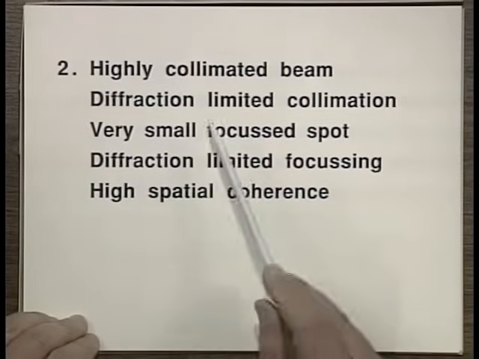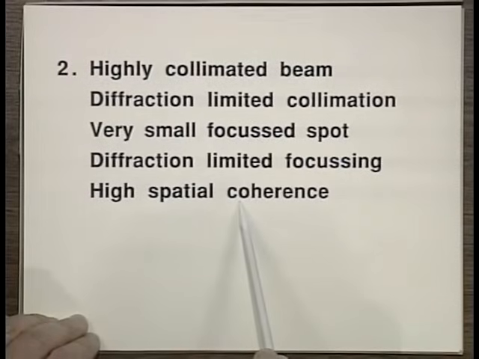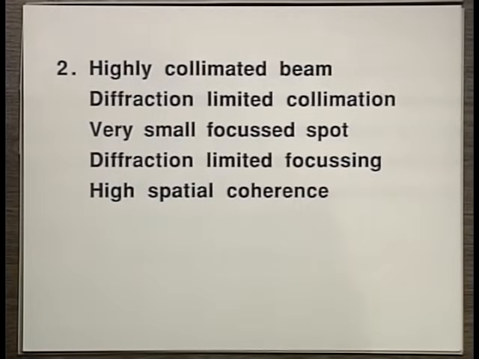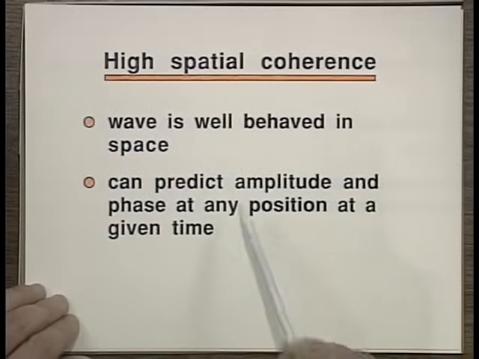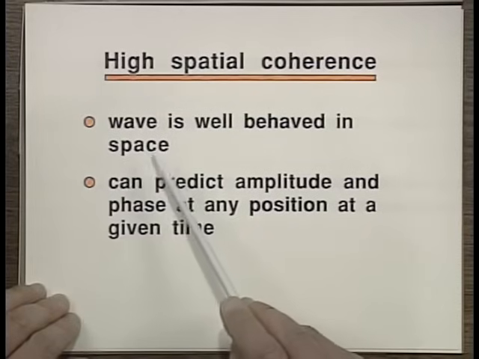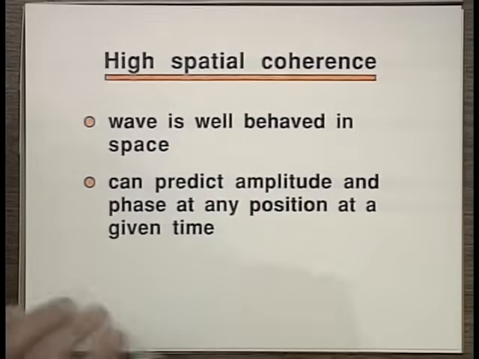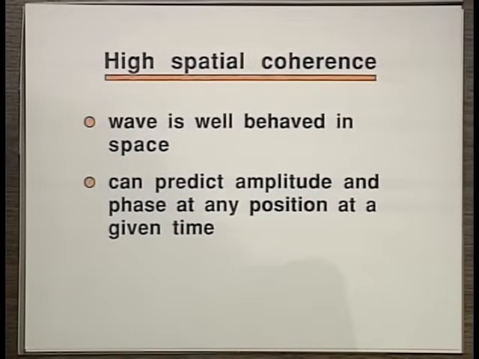Now, I mentioned earlier that some people refer to this property of high collimation or small focus spot as high spatial coherence. So let's see what is meant by that. Here is high spatial coherence. What we mean by that is that the wave is well behaved in space. Before, we talked about waves that are well behaved with respect to time.